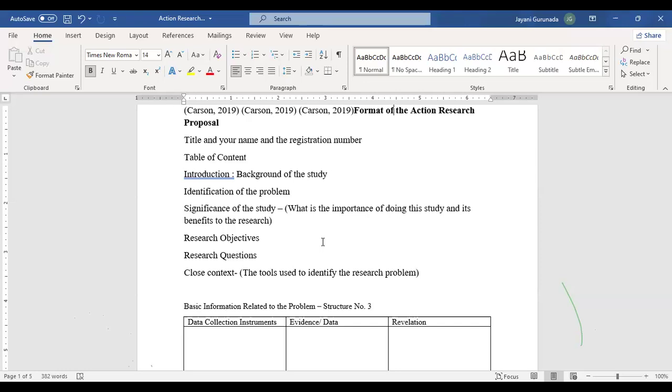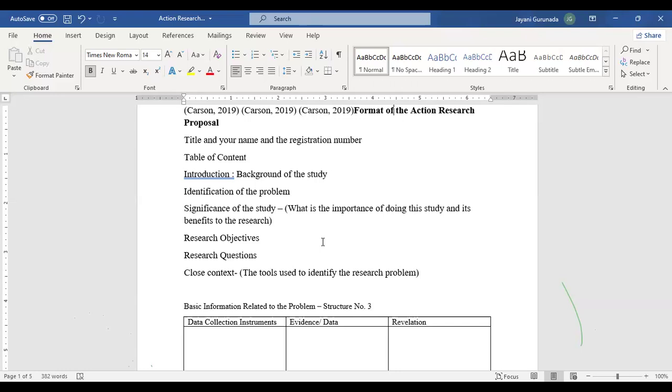Don't pack it with a lot of words. You can use bullet form and write a few, then explain. After that you have to write the table of contents, that means introduction, and so on. Then introduction, background of the study and rationale. Why did you do this study, like that.